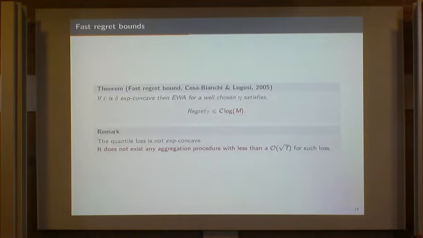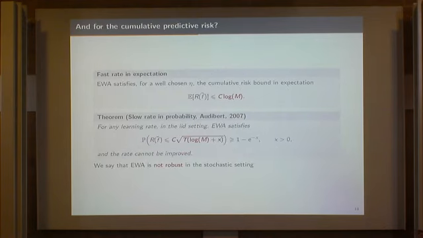So, of course, the idea is that if now you take the expectation of this regret, then the expectation of this regret is also the expectation of the cumulative risk, and you obtain a bound on the expectation of the cumulative risk. So in expectation, EWA works well.